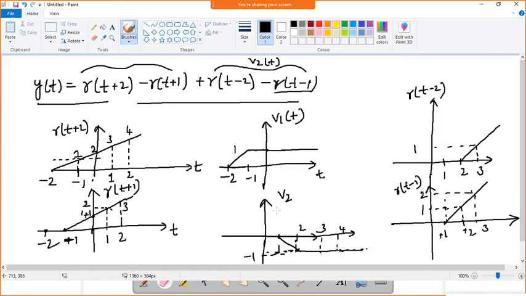So now we need to add these two signals to get the resultant signal y of t, is it not? So now you write y of t here. Now add these two signals. At minus 2 it will be 0, so the same signal will be there from minus 2 to minus 1.